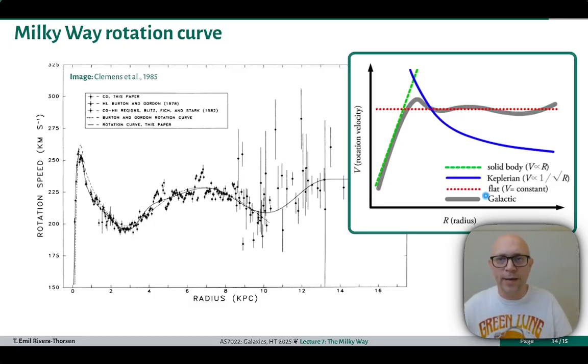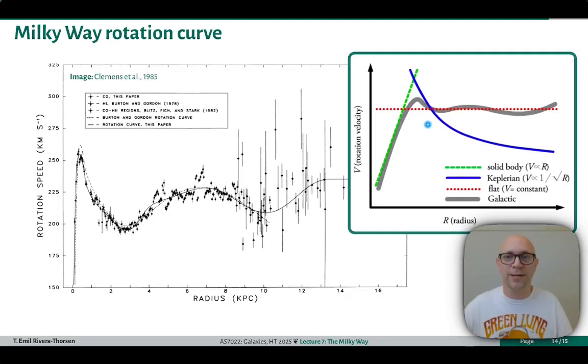And finally, we have a flat contribution, which is basically what happens if we have a halo of dark matter which continues far, far further out than the stellar mass and the gas mass that we can measure, and is completely dominating the mass in the Milky Way.